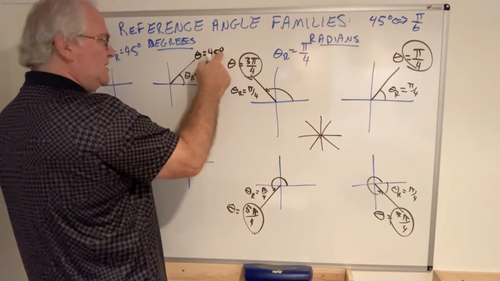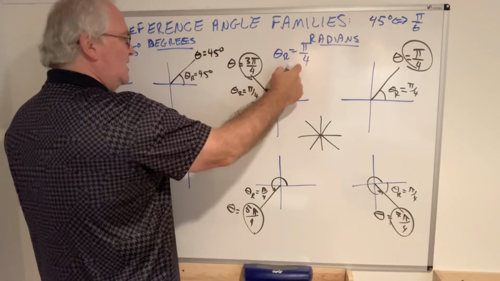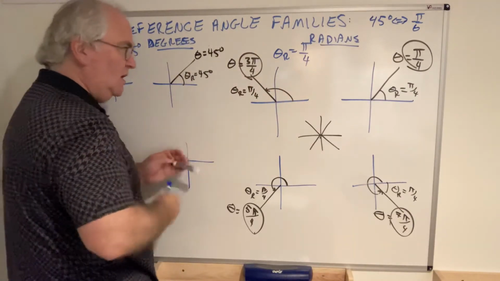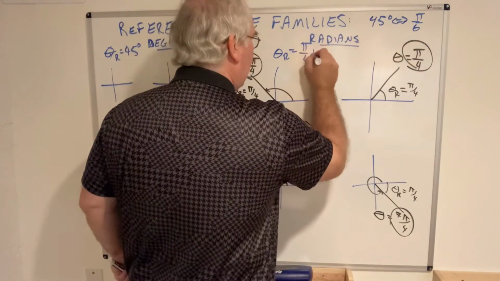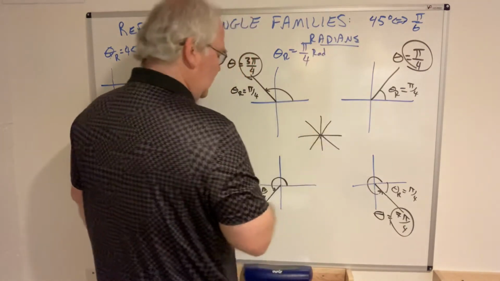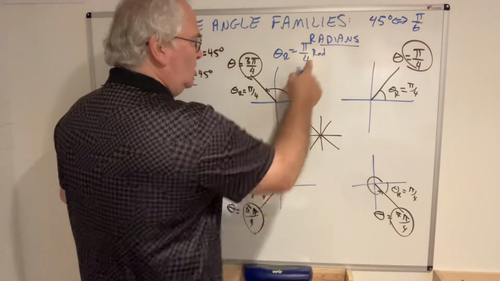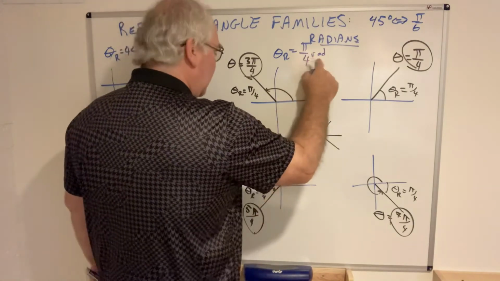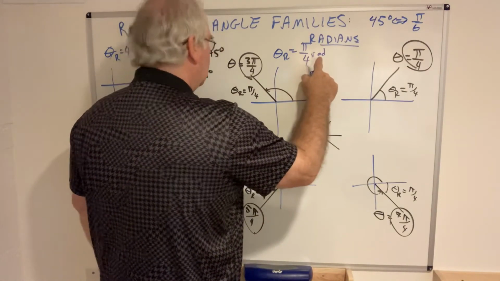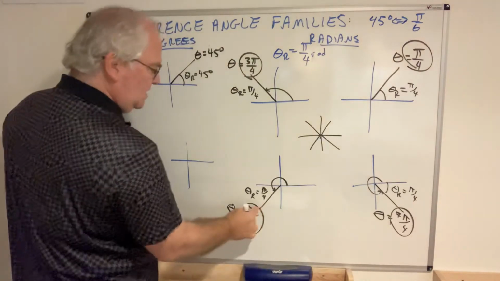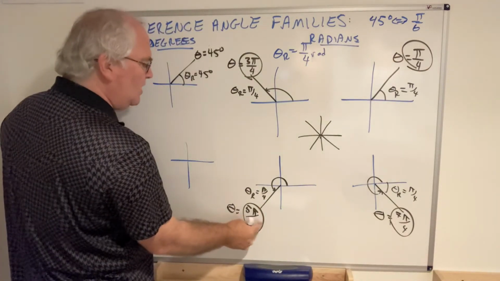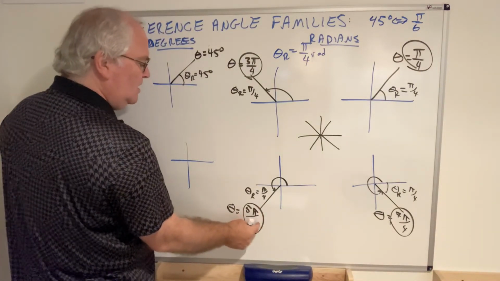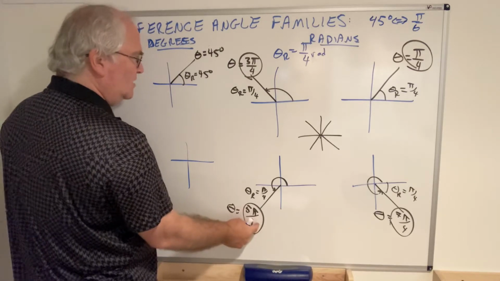Remember, degrees must have the symbol. Radians does not need the symbol. If you wish, you may emphasize that these are radians. You can use either capital R or lowercase r, it doesn't matter which. If you wish, you may emphasize it's radians, but that's not required. If there is no unit given, then we assume theta is measured in radians.